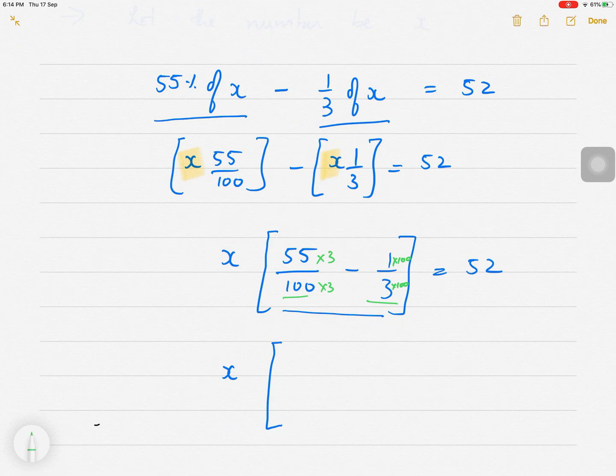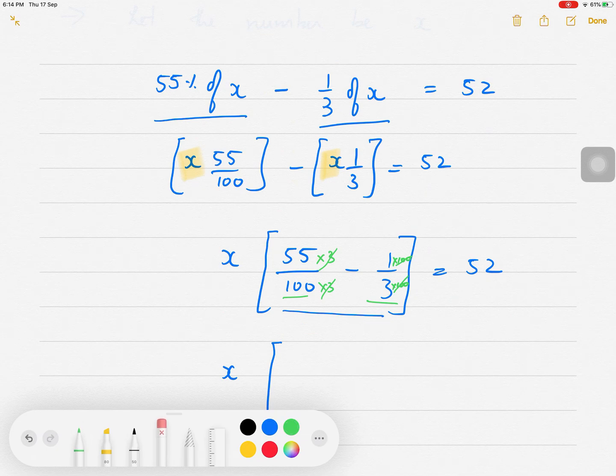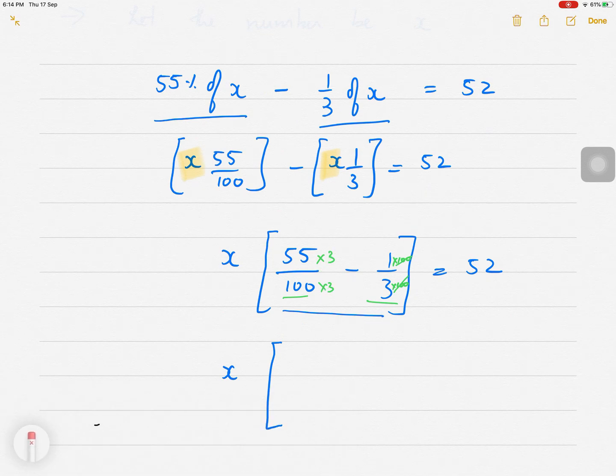It doesn't make any difference, because when you cancel 3 it becomes 1, and when you multiply and divide by 100, it is 1. But I want to make sure that the denominator is same.